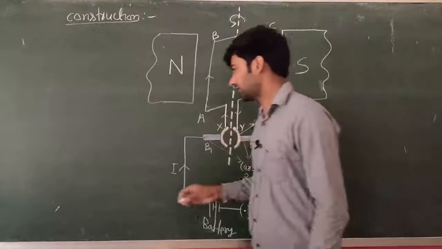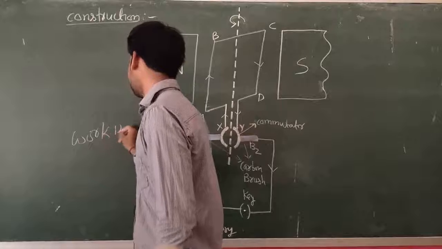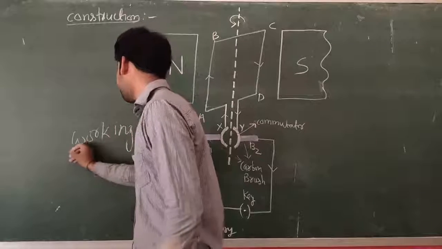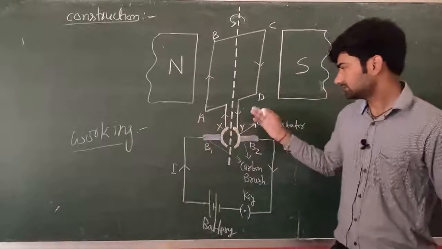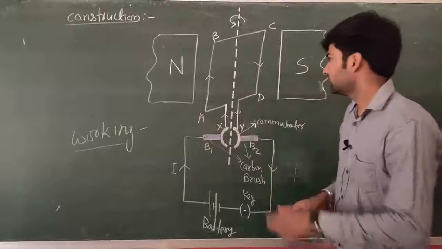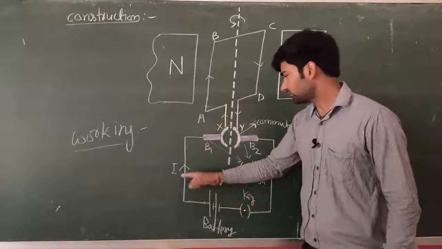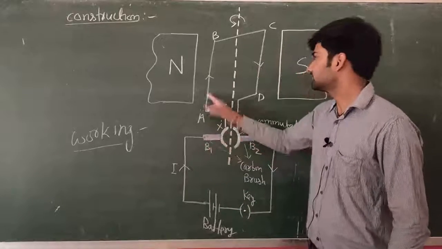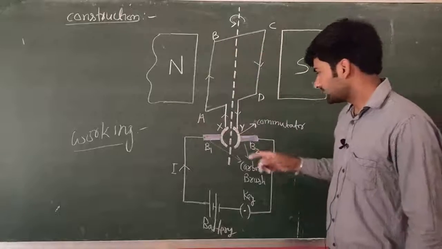Now its working. When the key is closed, then current flows in this coil ABCD.